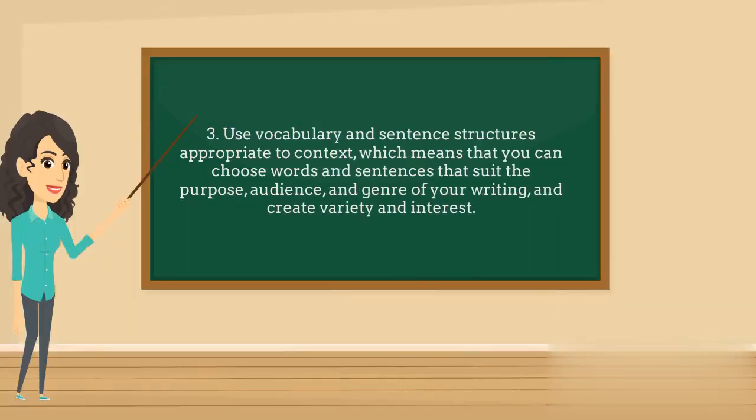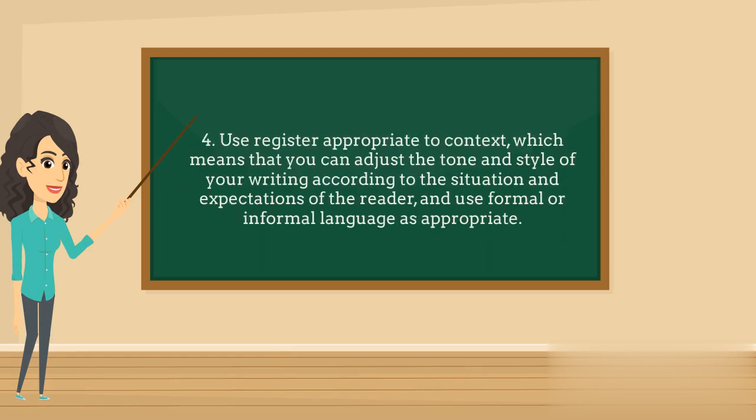Use vocabulary and sentence structures appropriate to context, which means that you can choose words and sentences that suit the purpose, audience, and genre of your writing, and create variety and interest. Use register appropriate to context, which means that you can adjust the tone and style of your writing according to the situation and expectations of the reader, and use formal or informal language as appropriate.